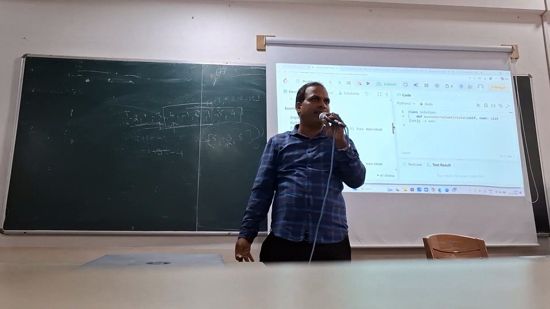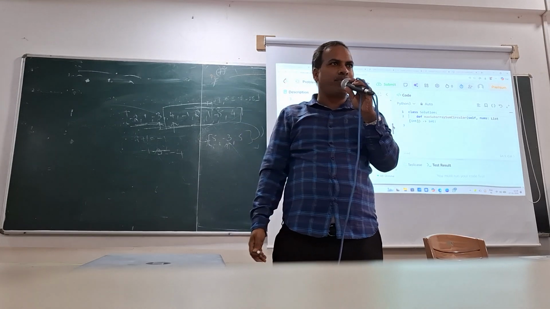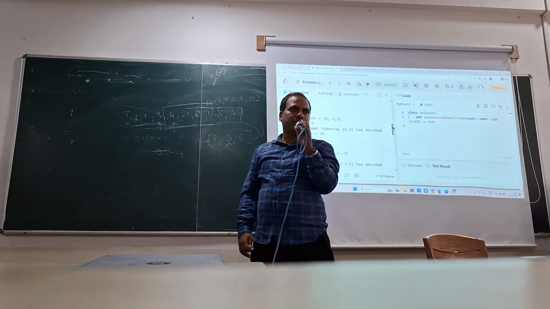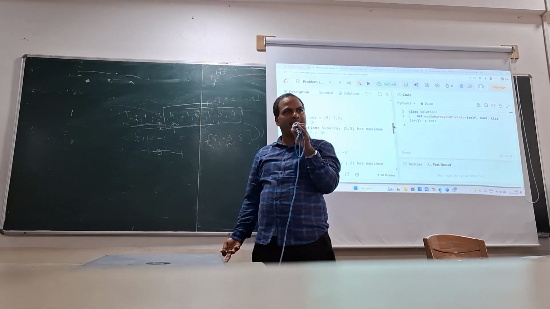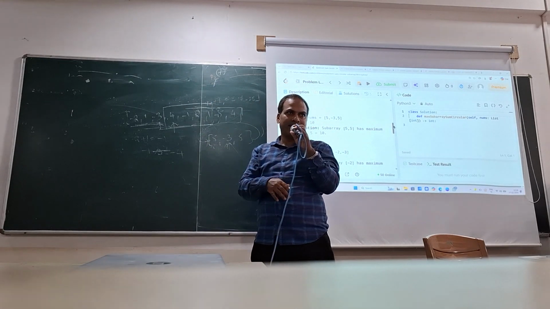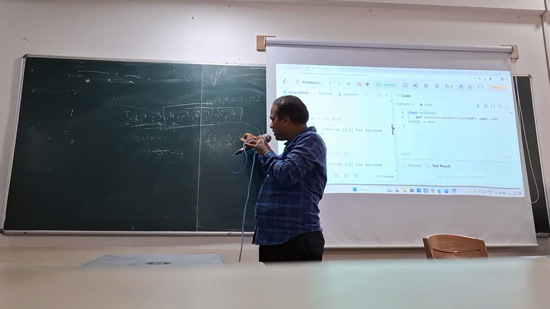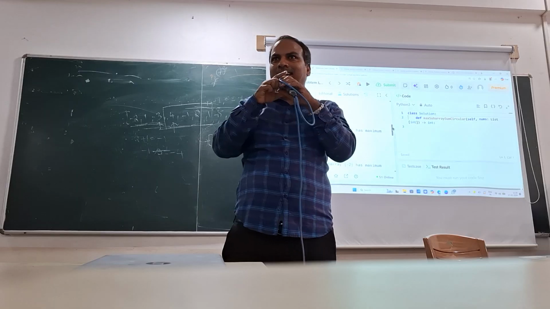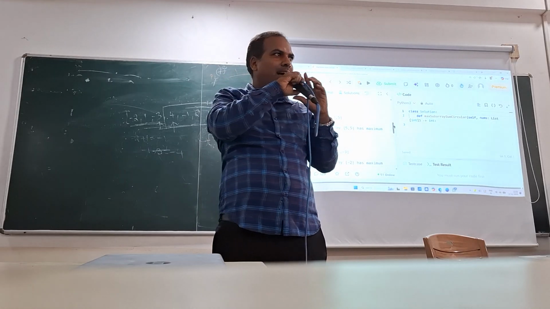What is the maximum? 10. If you extend that subarray, 10 minus 3, how much does it become? 7. If it reduces, we stop it. You start a new subarray. Minus 3 plus 5 is 2. It's not the maximum. Maximum is 10. I hope you understand.